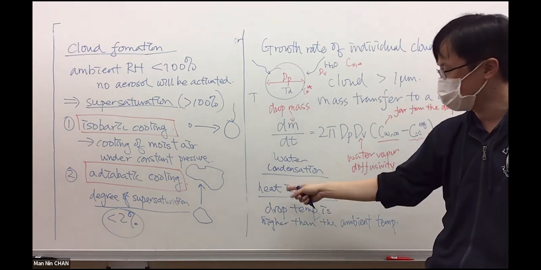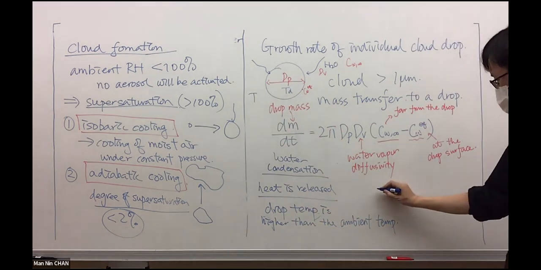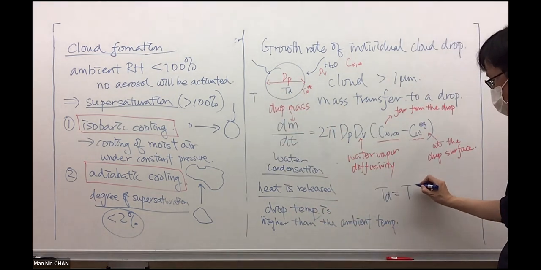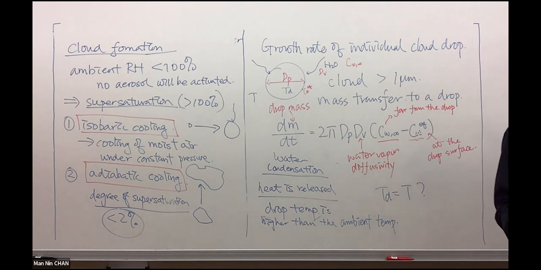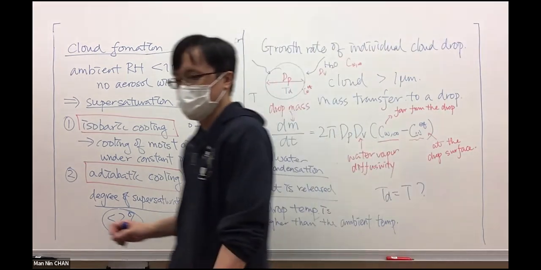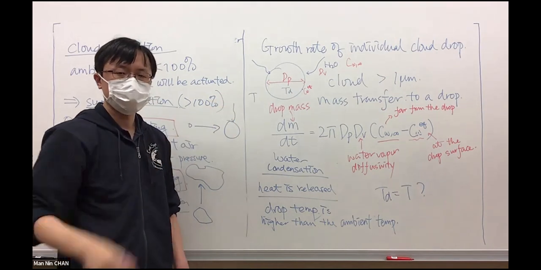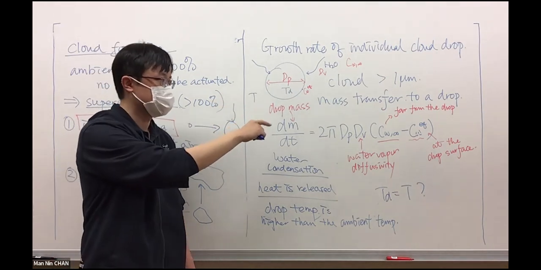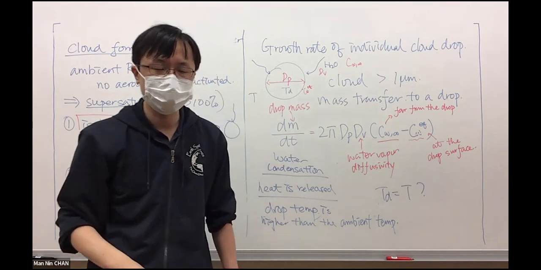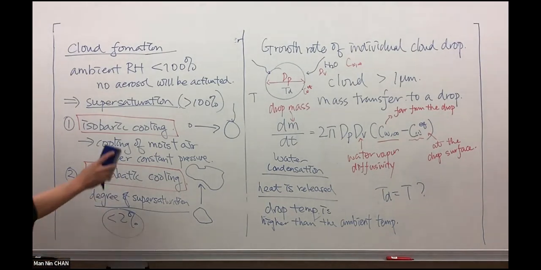We know this heat is being released, so then you need to check whether we can still keep this assumption, that the temperature of the droplet will be equal to the surrounding temperature. So we need to check this one. Therefore, when you look at this droplet growth, of course you're looking at some mass balance or mass transfer, but in this case, we also want to do the energy balance.